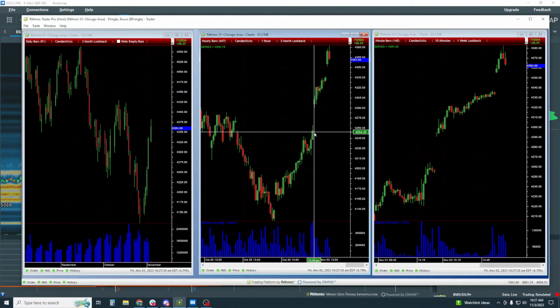Then the market closed. It came up into this area up in here, and the market closed. Now, the news was really good for the market. This is a fundamental event. It's probably the most important one, and the market has been hypersensitive to interest rates.